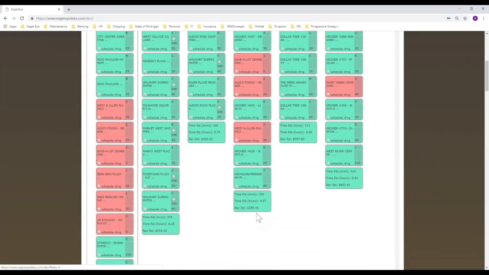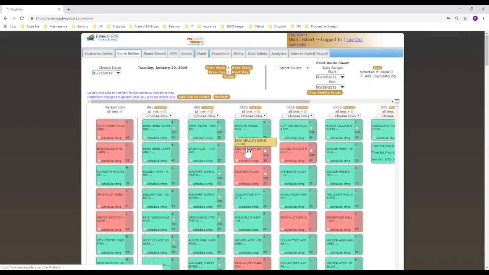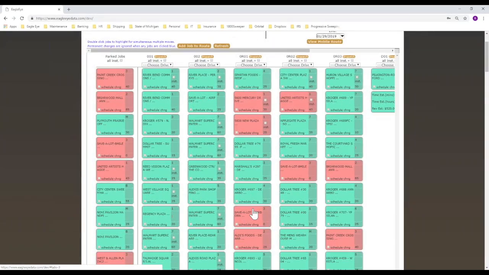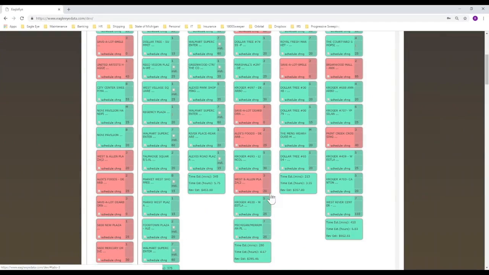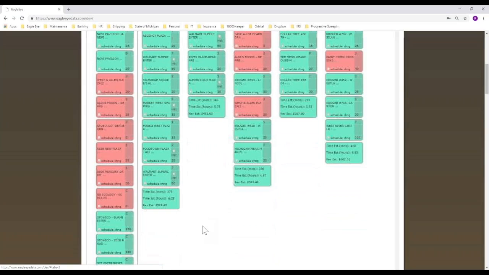This seems like a lot of work for not a lot of revenue over on OR01. So that might be split off into the other routes so that they'd be more profitable and less drive time. Also gives you an idea of whether you're getting or scheduling the proper revenue for the amount of trucks you're sending out.